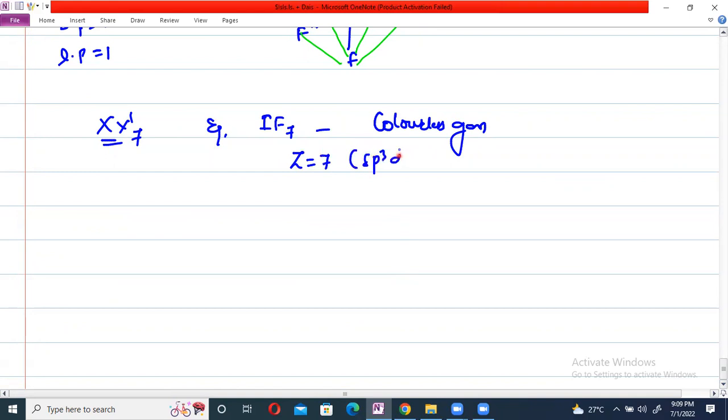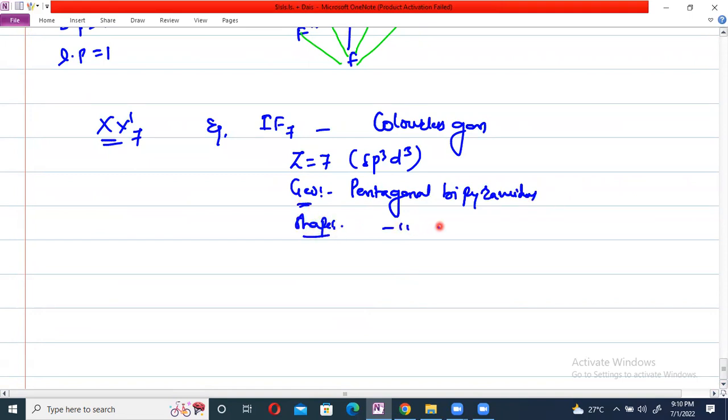That means sp3d3 hybridization, and the geometry is pentagonal bipyramidal. The shape is also the same, pentagonal bipyramidal, because the number of lone pairs in this molecule is equal to 0. So this is completely about the interhalogen compounds, with the shapes of the interhalogen compounds we have discussed in the class.